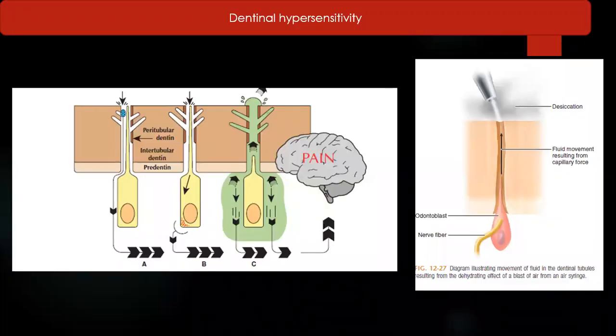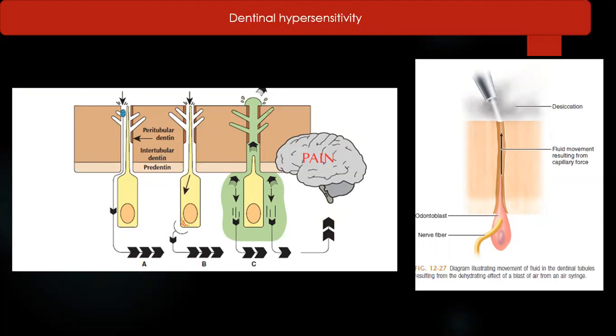So first, we have dentine hypersensitivity. The most accepted theory is the hydrodynamic theory. The strong capillary force within the fine dentinal tubules leads to rapid fluid movement.